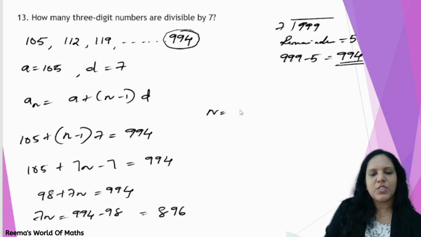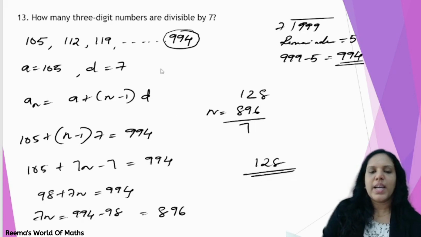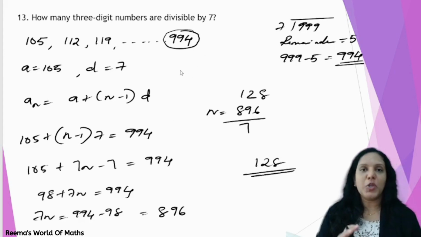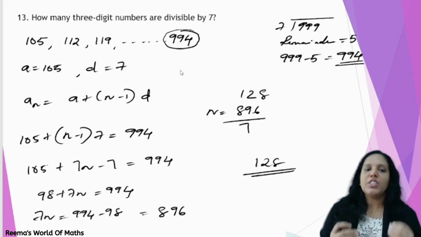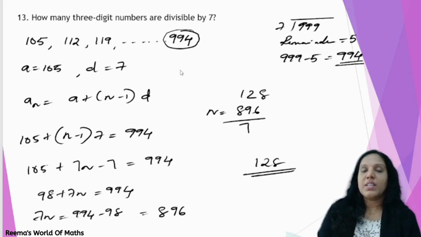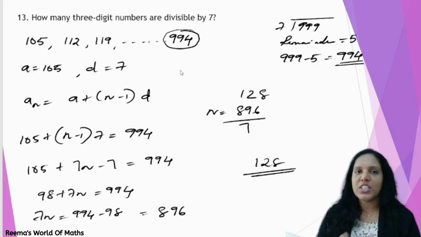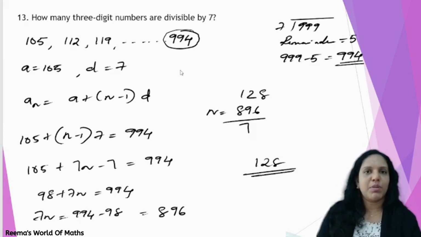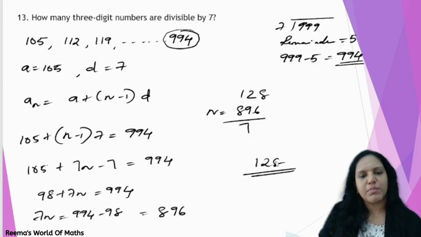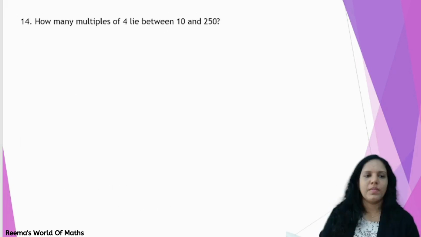So n equals 896 divided by 7, which is 128. So 994 is the 128th term of that AP, which means there are 128 3-digit numbers which are divisible by 7.